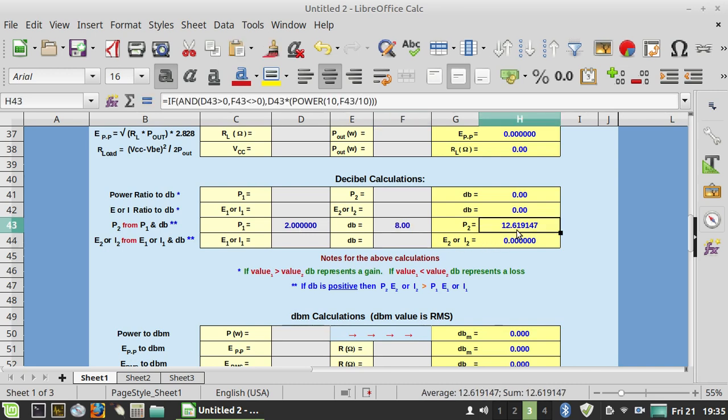I can achieve 12 watts. That's an example of where you might use something. It's actually used for a lot, actually.